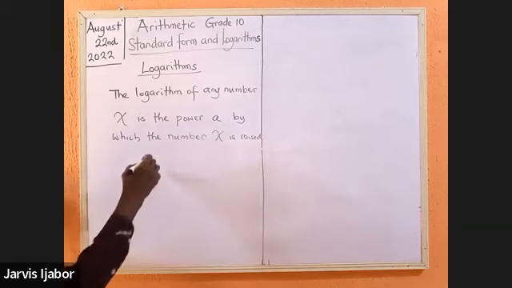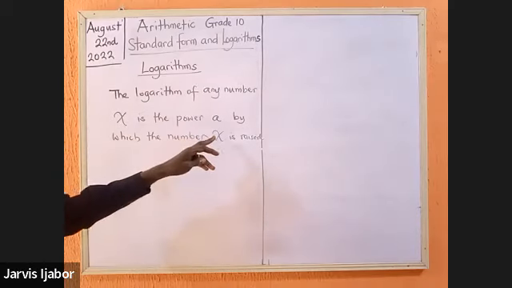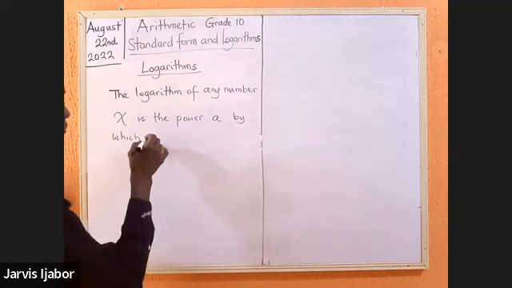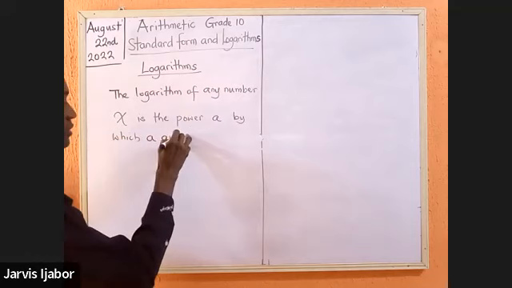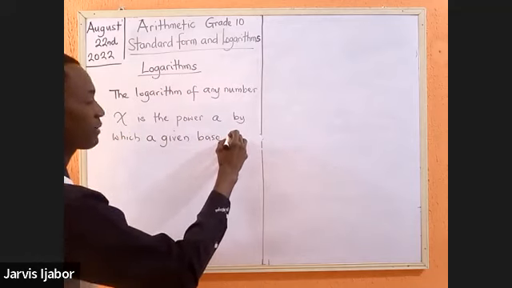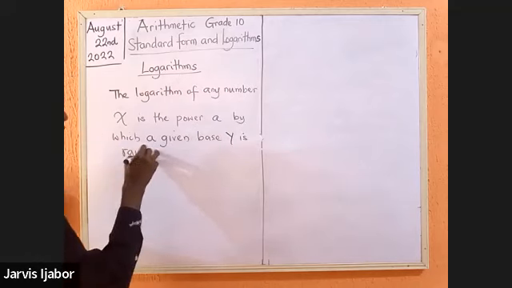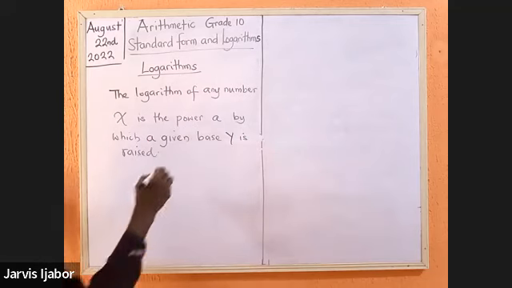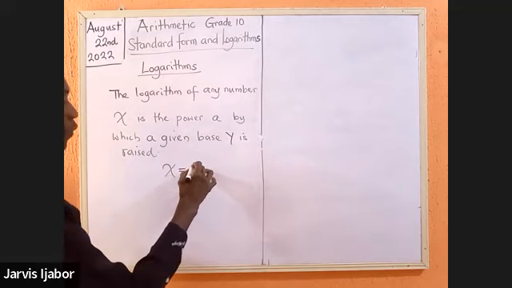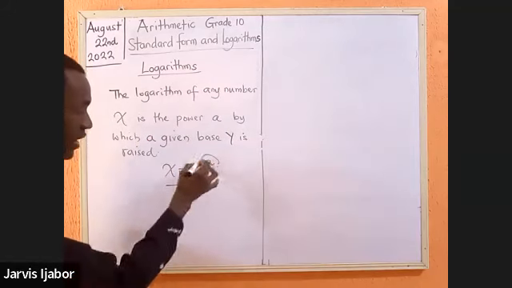So if I have the logarithm of any number x, it is the power by which the base, a given base, let's call that y, is raised. So what does that mean technically? It means that x will be equal to what? Y raised to the power of a. So this a here is the logarithm.